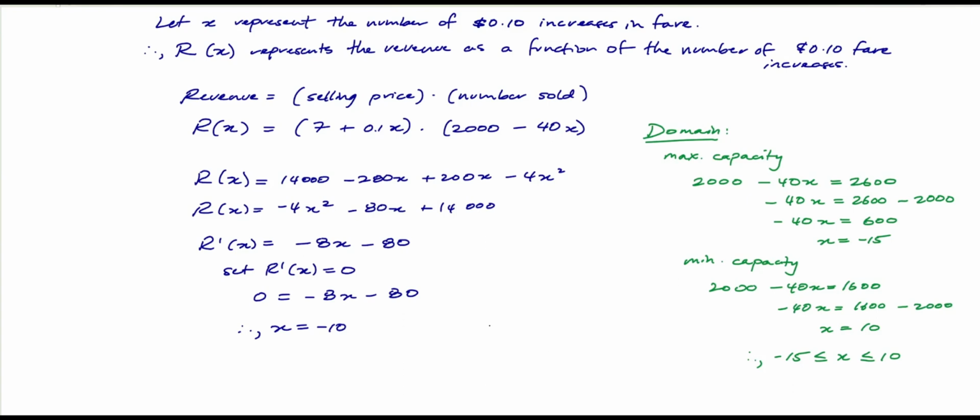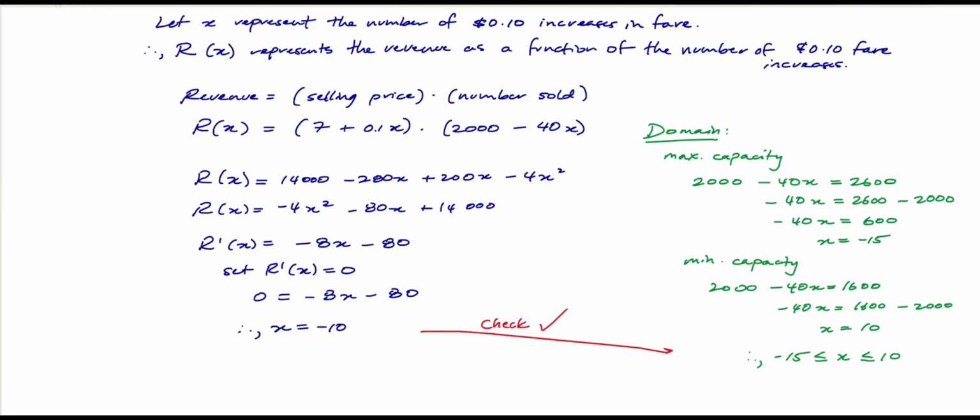Okay, so what I need to do now is check if this falls within my domain. Does -10 fall within the constraints that I placed on the domain? Looks like it does. So I'm going to check if this maximum produces the maximum revenue, and I'm also going to look at the endpoints of the domain.